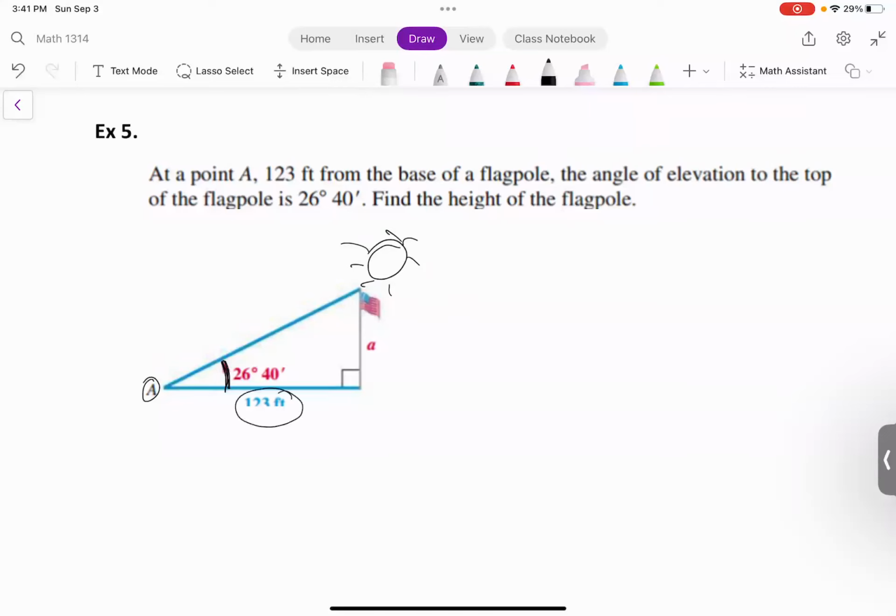We have the adjacent, that is 123. I'm looking for the opposite. So opposite, adjacent, and the angle A. Can you list the equation? Yes, we can. That is tangent. Tangent A equals opposite over adjacent, 123.